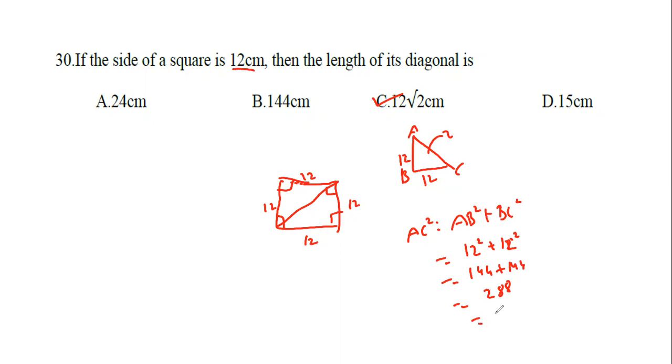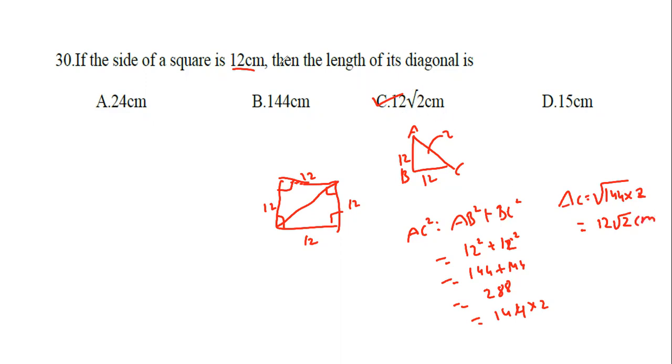You can write this as 144 into 2. AC is equal to root of 144 into 2. If you do simplification again, you will get 12 root 2. Root 144 is 12. 12 root 2 centimeter. So answer C is correct.